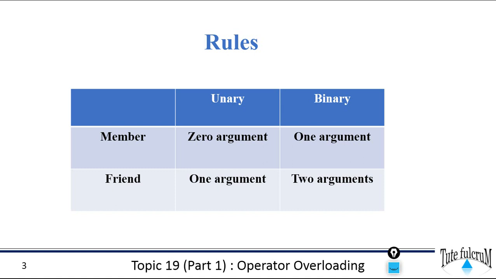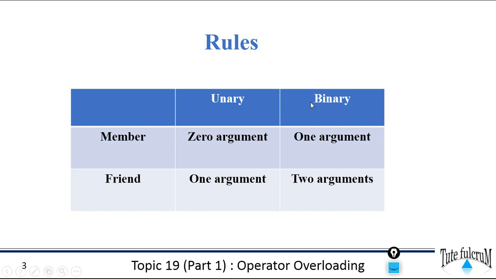You could implement operator overloaded functions in two ways. You could implement the same either as a member function of your class or as a friend function. So there are certain rules to be considered here. If you are overloading a unary operator as a member function of your class, then there should be zero arguments, or no argument, to the operator overloaded function.